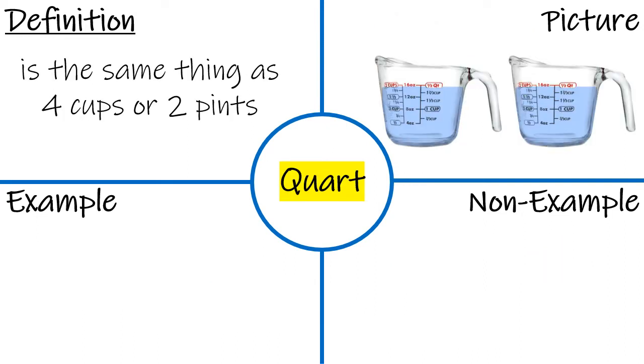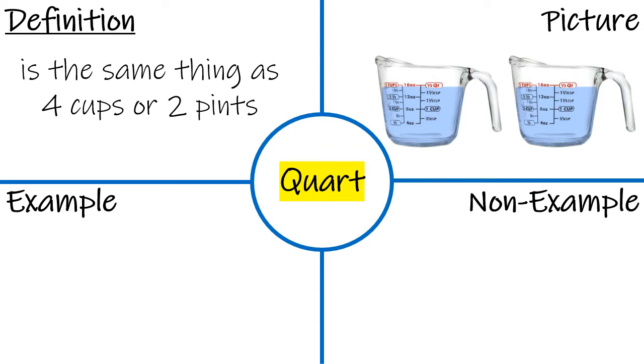Then we move up to quart. So a quart is 2 pints, so it's double the amount. If you've been to the grocery store and you go to the milk section, you will see the big jugs of milk, and then sometimes you will see the taller, skinnier jugs of milk. That's a quart, those smaller jugs of milk.